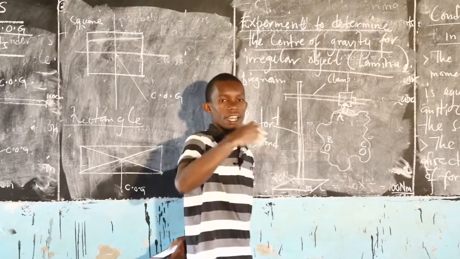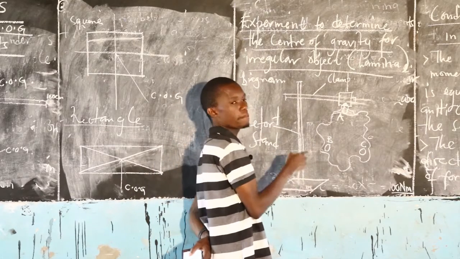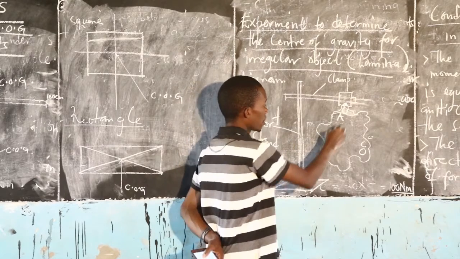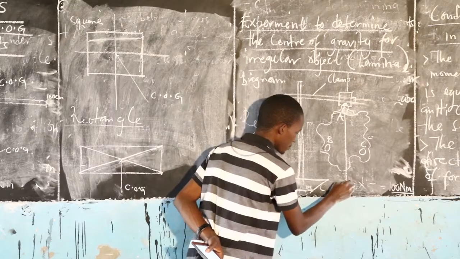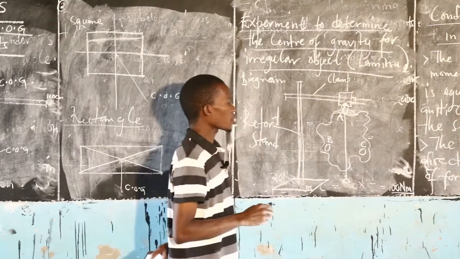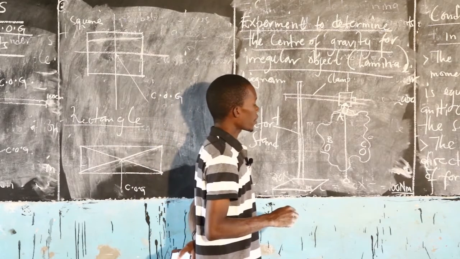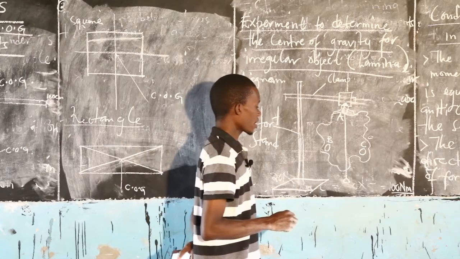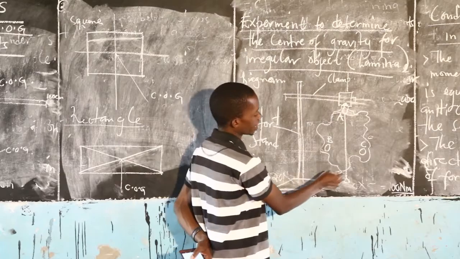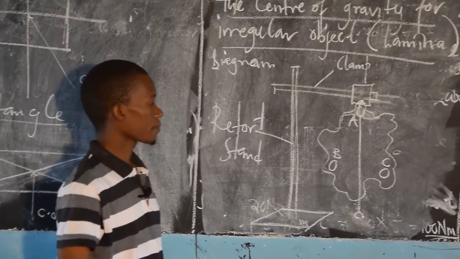It goes, it comes back. When the bob and the lamina stop, we draw a line through the string of the pendulum on the edge of the lamina.